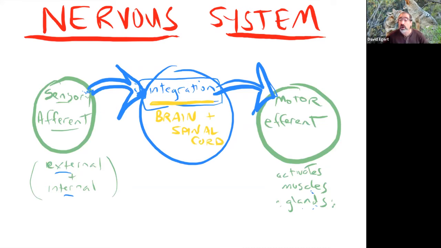As we continue on, we'll see that the digestive system has its own integration just within the walls of the GI tract, the whole enteric nervous system. But for a good first approximation, you can think of the brain and the spinal cord as the main things figuring out how to run the ship, so to speak. Collectively, we call the brain and spinal cord the CNS, the central nervous system.